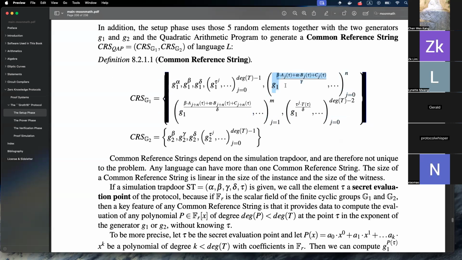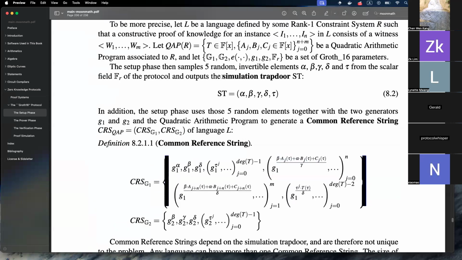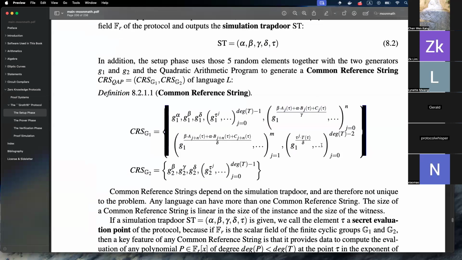And then there's also this value, which is G1 to the power of (B times A plus A times B plus C), divided by delta. So the A, B, and C in this scenario refer to the QAP's A, B, and C. And these are all values that you compute on top of your group.